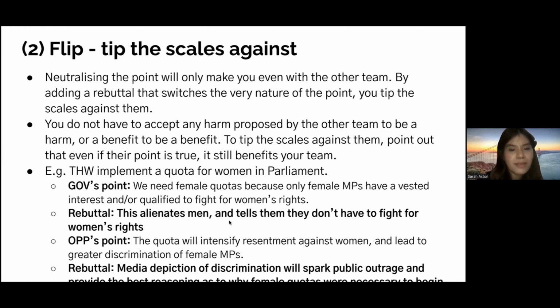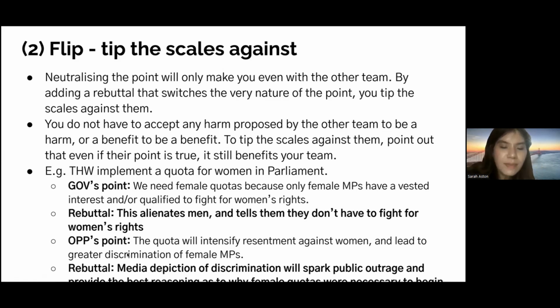female MPs, right? This is very similar to the previous slide we talked about in proving why the argument is not true. So the rebuttal here is to talk about how media depiction of discrimination sparks public outrage, and it provides the best reasoning as to why female quotas were necessary to begin with, right?